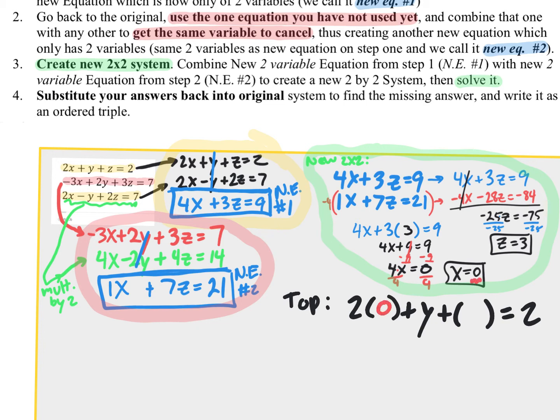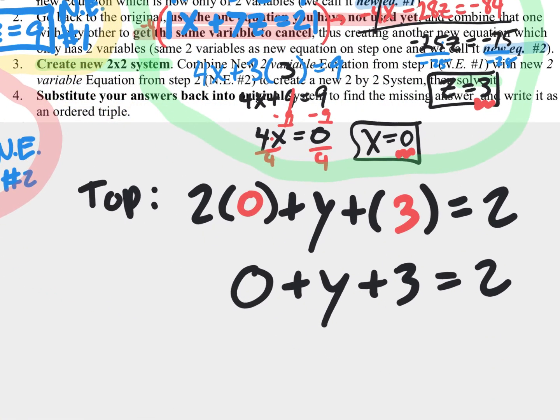X is 0, z is 3. Do the math. 2 times 0 is 0. 0 plus y plus 3 equals 2. That's really just y plus 3 equals 2. Subtract 3, subtract 3. Y equals -1.